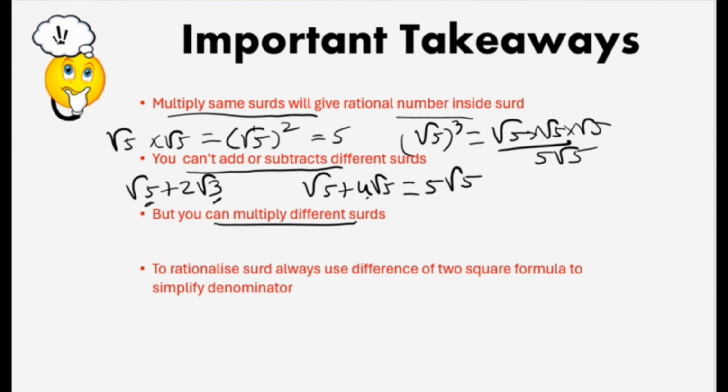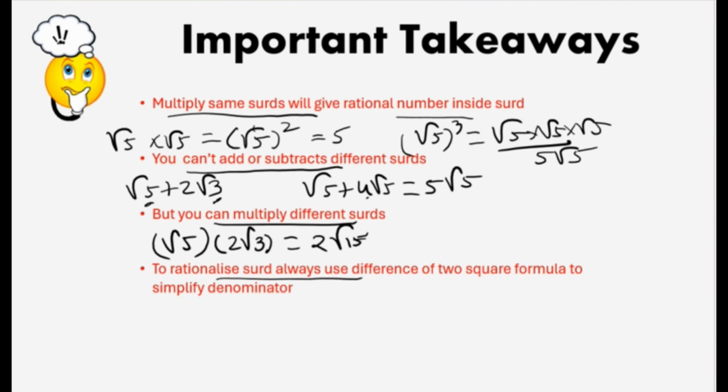But we can multiply different ones. For example, I have root 5 times 2 root 3. So I can write 2 root 15, because root 5 times root 3 will give me root 15, and 2 is there. So this way we can simplify it.